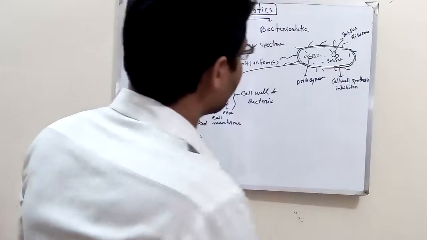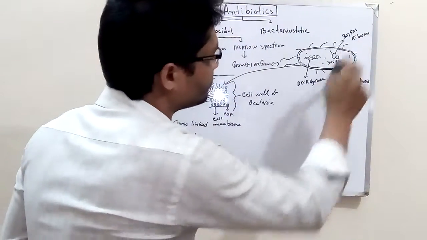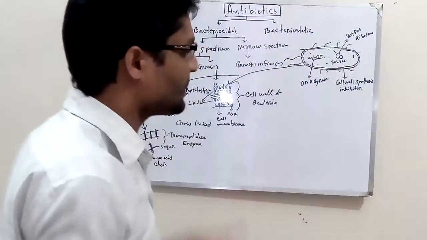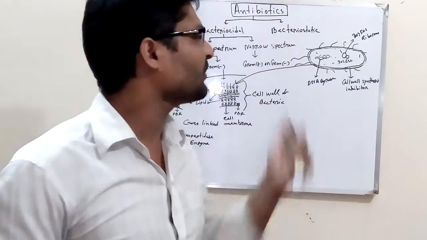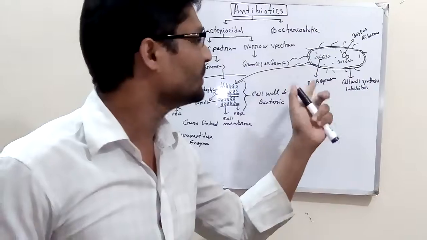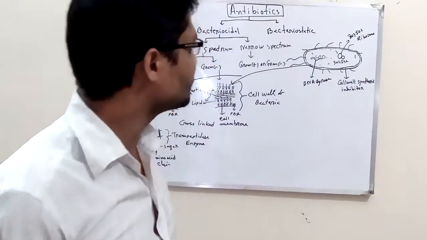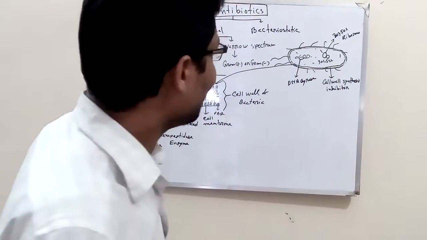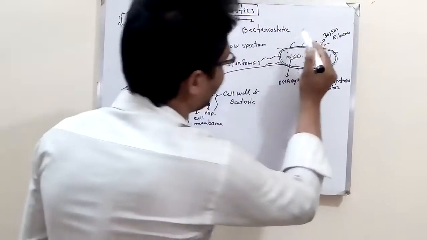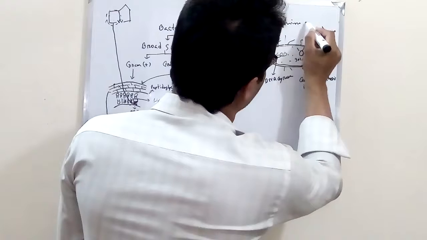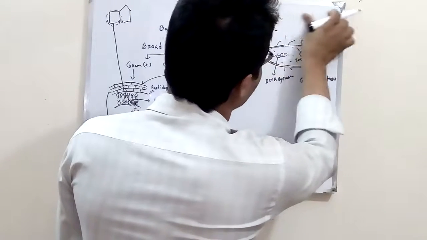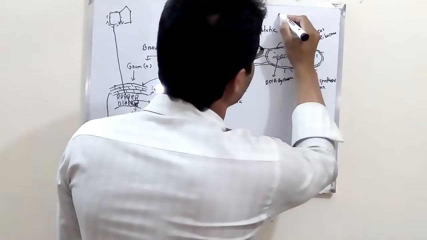So now I will discuss the DNA gyrase inhibitors. Antibiotics are also classified as protein synthesis inhibitors, amino acid synthesis inhibitors, and nucleic acid synthesis inhibitors. Protein synthesis inhibitors include macrolides and tetracyclines. Tetracyclines are like doxycycline, and macrolides are like erythromycin.